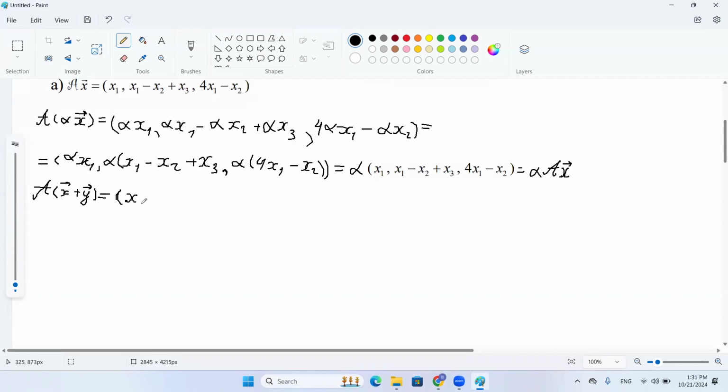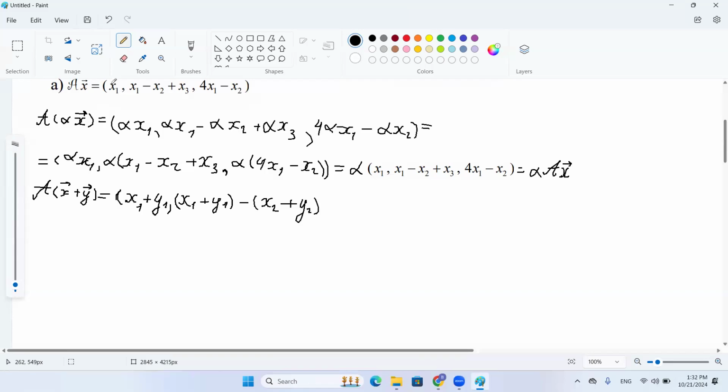So x1 plus y1, the first coordinate. Here x1 plus y1 minus x2 plus y2.